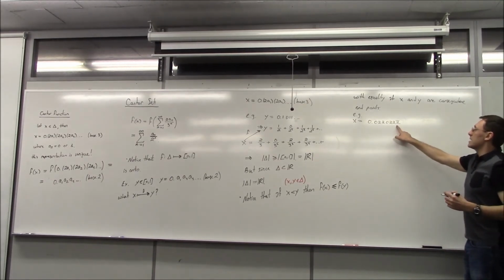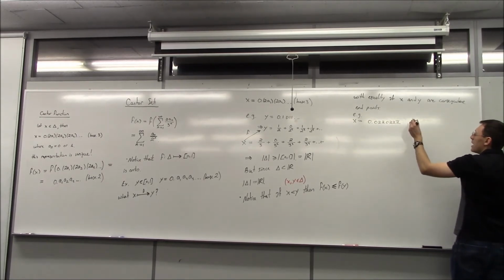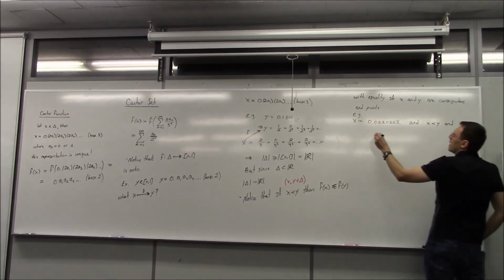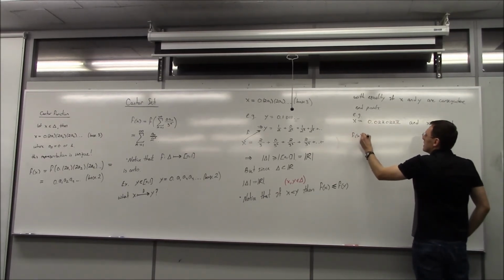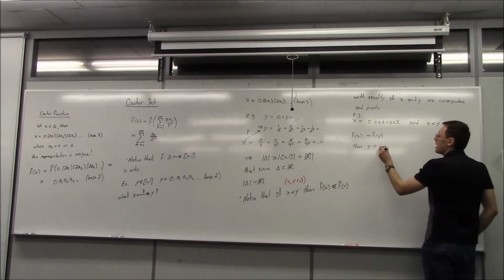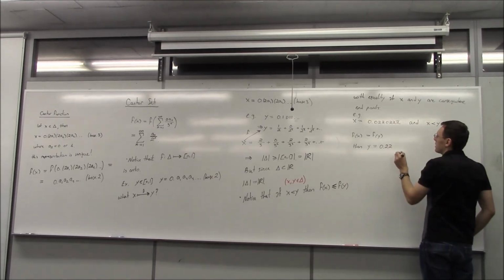Okay? So if x is equal to this, and x is smaller than y, and f of x equals f of y, then y must be which point? Then y is the point 0.2 2, and notice this is where you have the repetition.